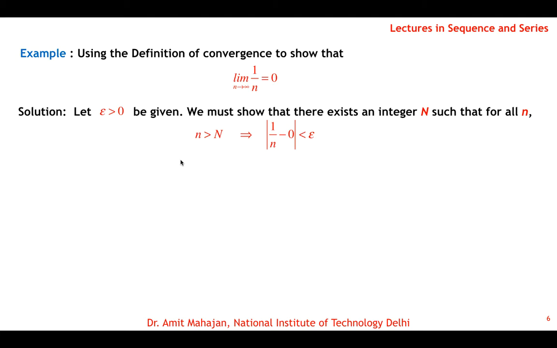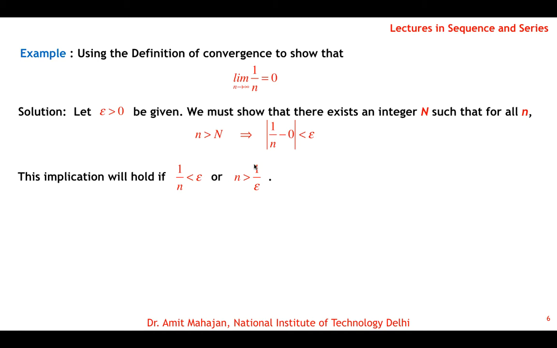We have done this in functions also, in one dimensional functions, and we know how to solve this. A similar concept we are going to use for sequences. We'll solve this epsilon inequality and try to find what value of integer we can take. If you solve modulus of 1 by n less than epsilon, then 1 by n less than epsilon can be written as n greater than 1 by epsilon.